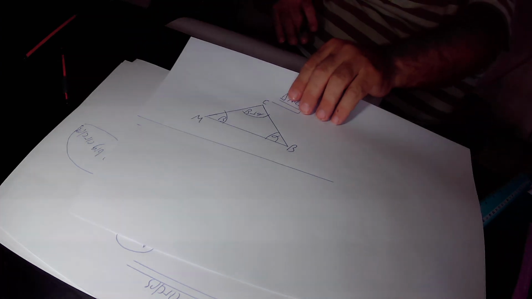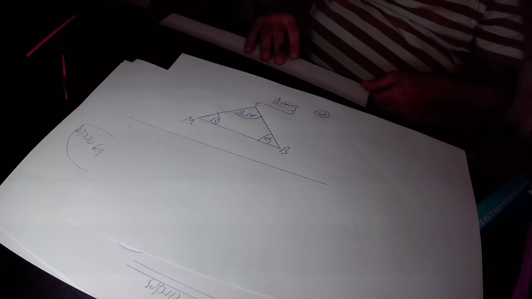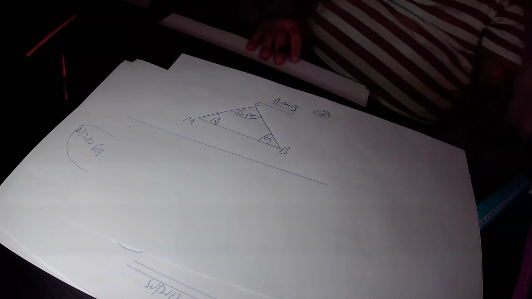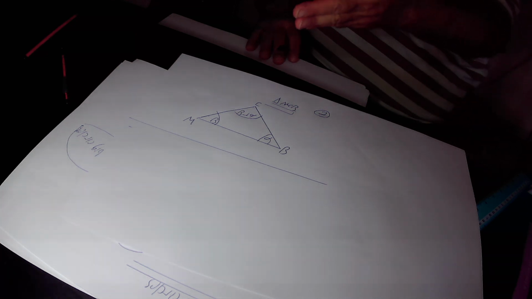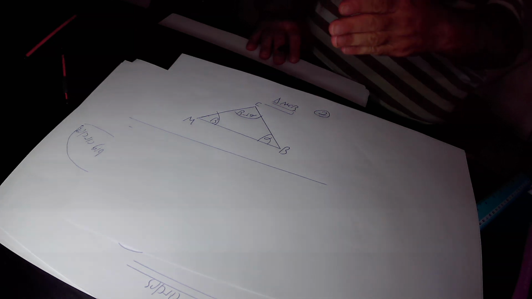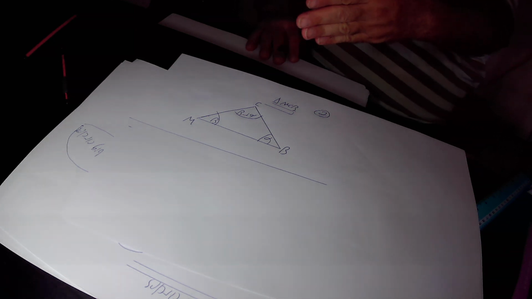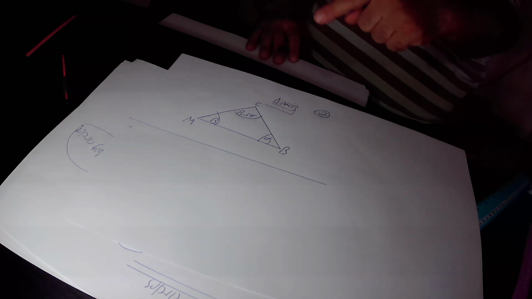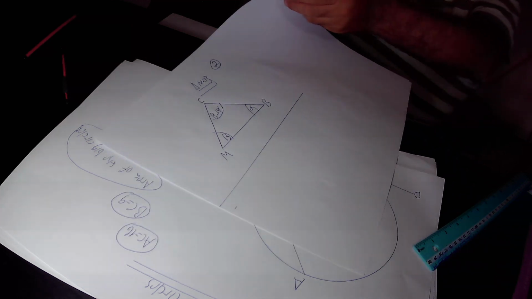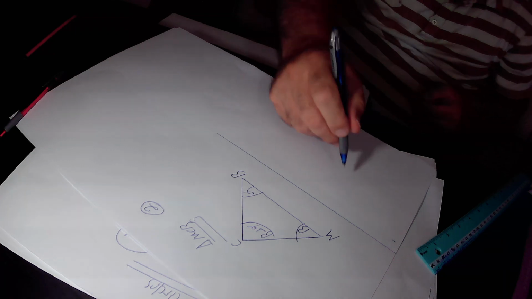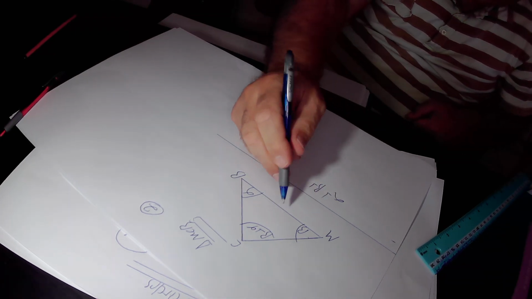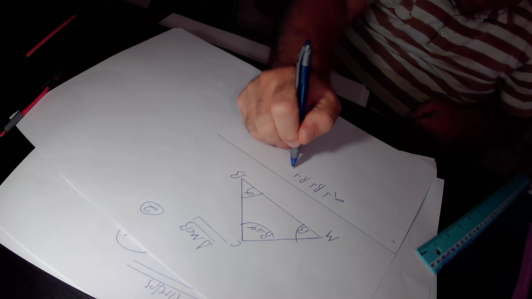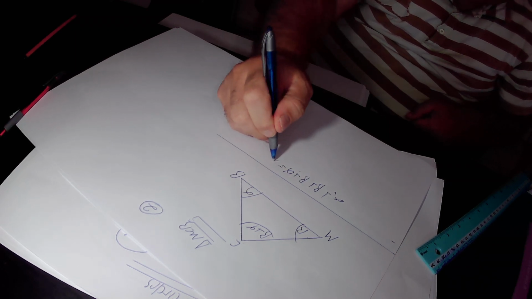Okay, this is triangle MCB that I got from the original drawing. In this triangle MCB, the sum of the angles must be equal to 180 degrees. It is true in any triangle, especially in this triangle MCB. So which angles do we have in triangle MCB? We have this angle that is alpha, plus this angle beta, plus the big angle that is beta plus alpha. In total, the sum of those angles must be equal to 180 degrees.